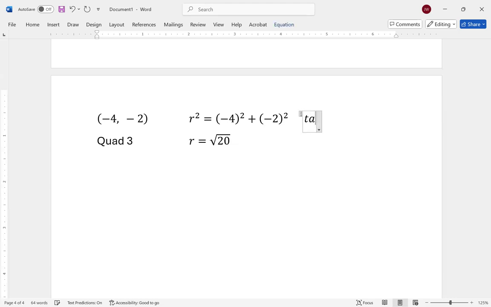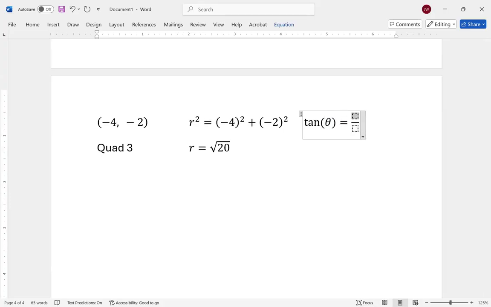And then tangent of theta is going to be equal to, well, y over x in this case is -2 over -4. Notice that's the exact same thing as +2 over +4.